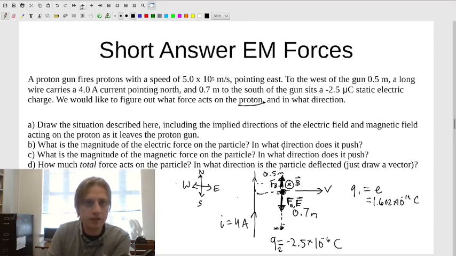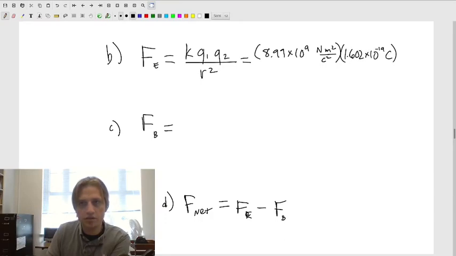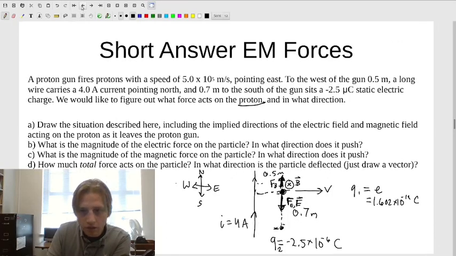And then I've been given the two charges that I care about. One is 2.5 times 10 to the minus 6, and the other one is the electron charge, so this one would be 1.602 times 10 to the minus 19th coulombs. The other one, let me look again, is 2.5 times 10 to the minus 6 coulombs.